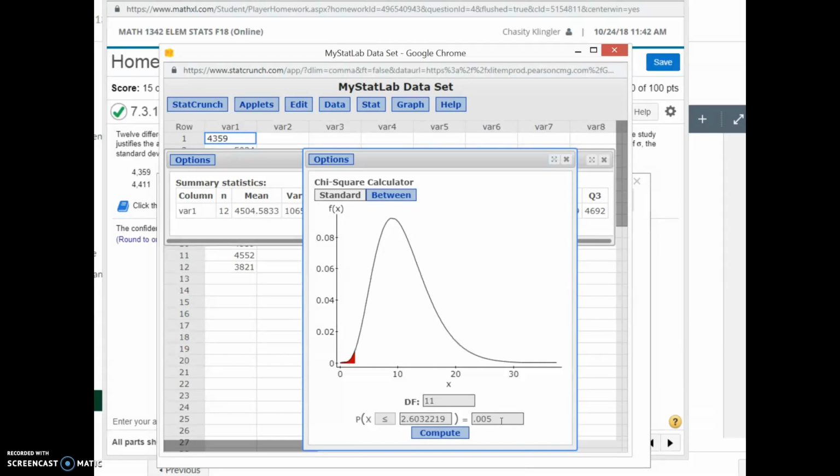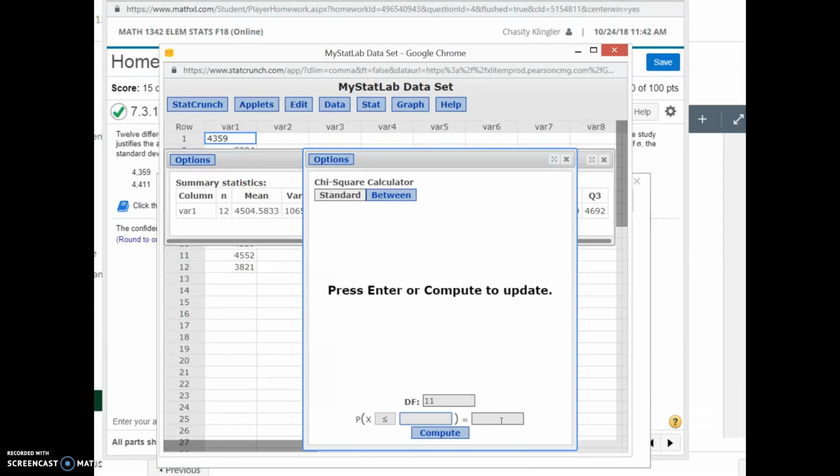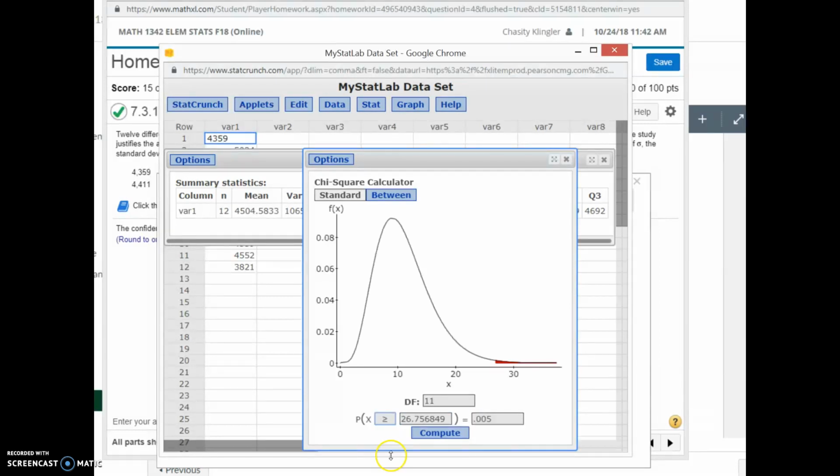And then for my chi-squared to the right value, keep everything the same, leave that as 0.005, but change it to greater than. That gives me the other side. That value is 26.76.